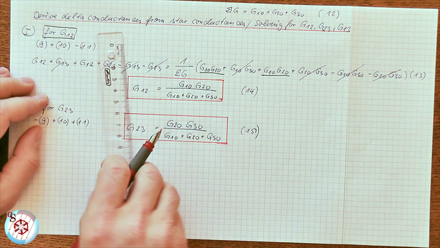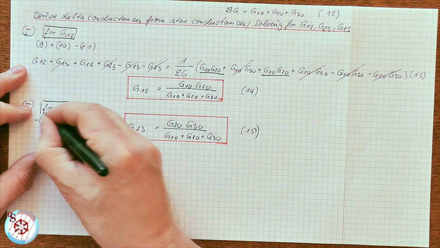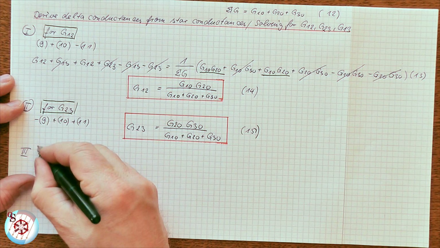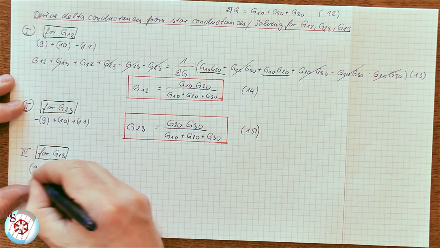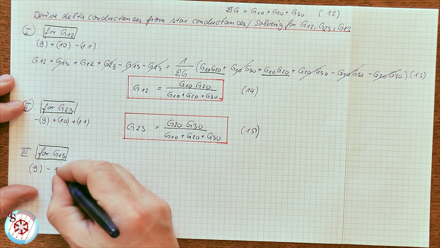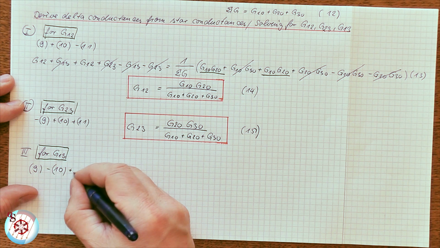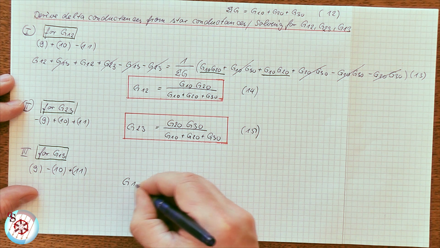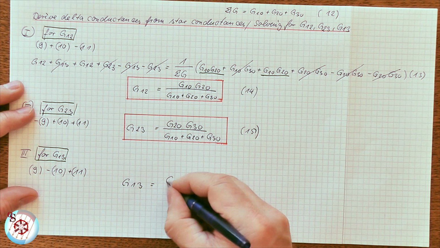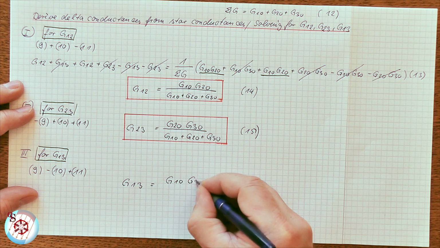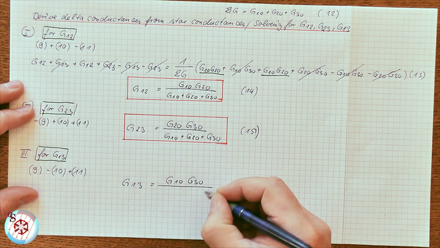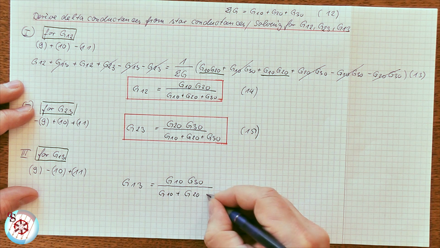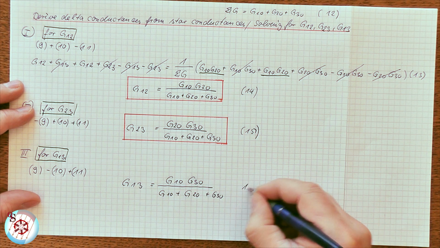The last equation is solving for G13, and that is equation 9 minus 10 plus 11, and we get G13 equals G10, G30 divided by G10 plus G20 plus G30, and that's 16.